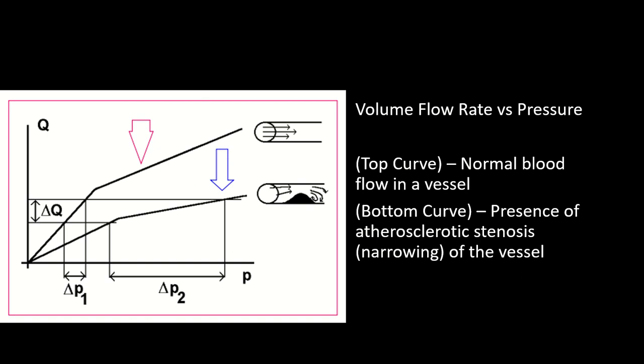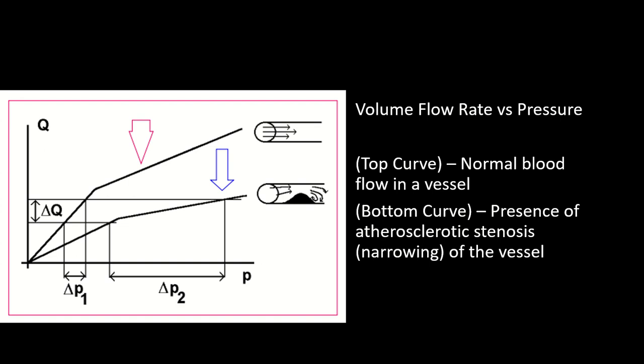Now then, let's look at volume flow rate versus pressure. Here we have two curves, the top curve representing normal blood flow in a vessel, and the bottom curve representing blood flow due to atherosclerotic stenosis, or narrowing of the vessel.